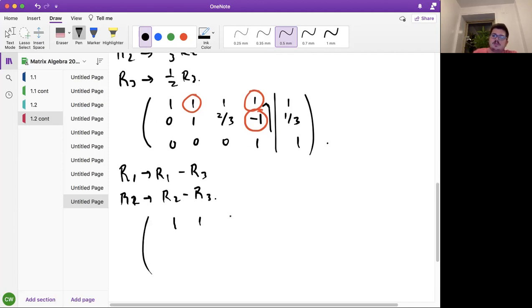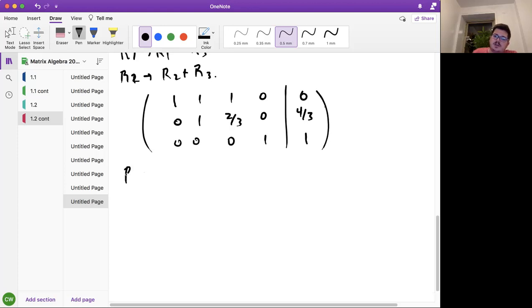So that eliminates the entries here. Oh, sorry, plus. This would be plus 0, and this would be 4/3. And then the last step would be row 1 to row 1 minus row 2. So 1 minus 2/3 is 1/3.